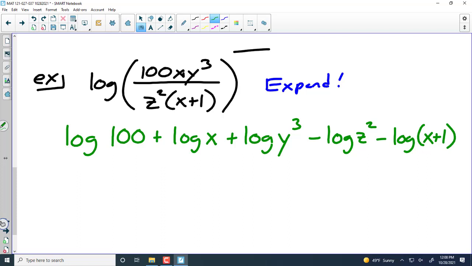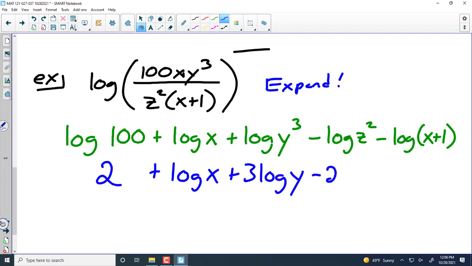Now I'm going to finish it. And that up there is the final answer, everyone. That's as much as you can expand it.